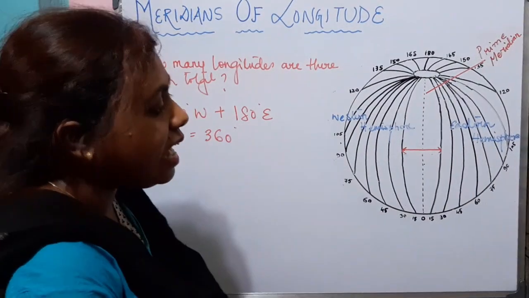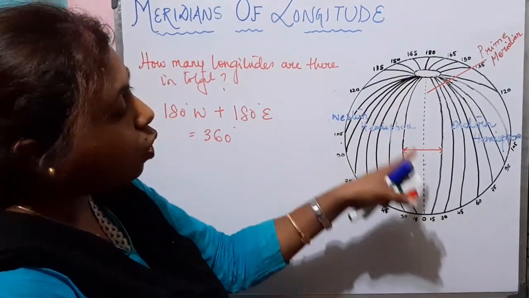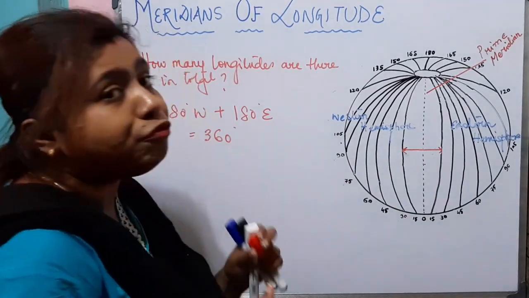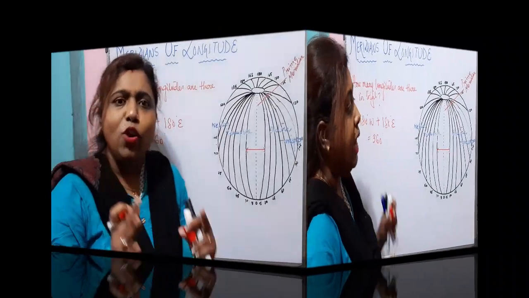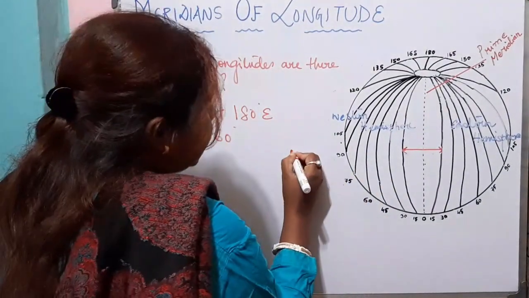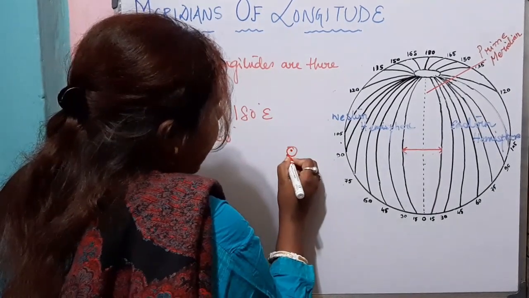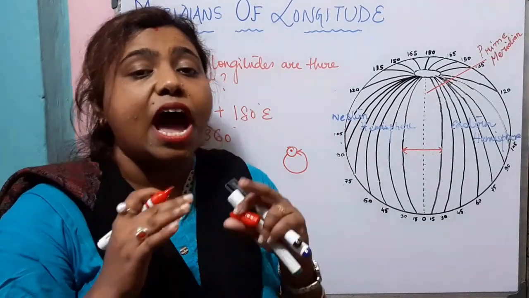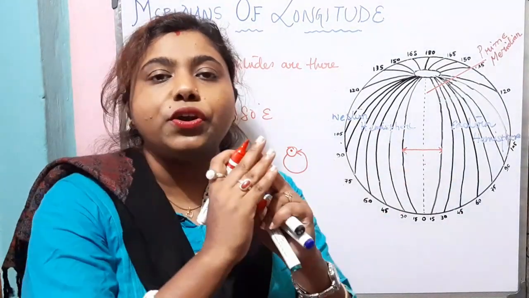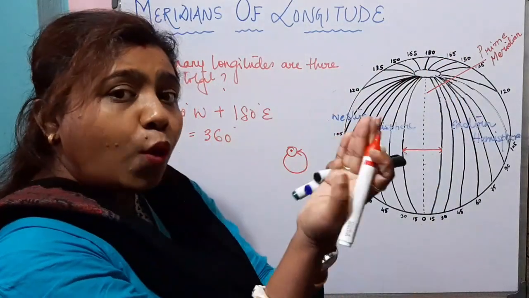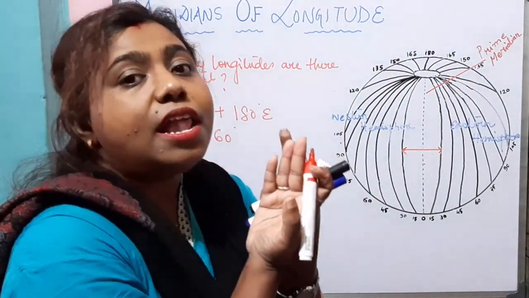Now we will see that these longitudes, which are also known as meridians, as I told you, help to find out the location. I hope all of you remembered that how Magellan proved the shape of the earth. He started his voyage from one point, and after a few years he returned back to the same point, which proves that our earth is not flat, rather it is a sphere. So when we are drawing the lines, at some point the lines will come and they will meet.